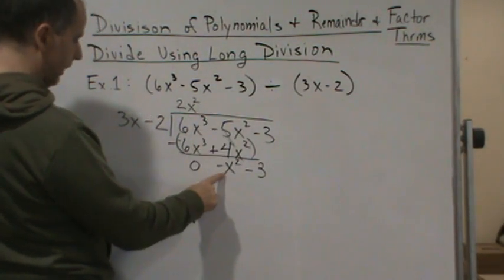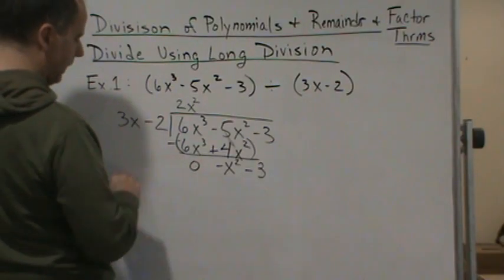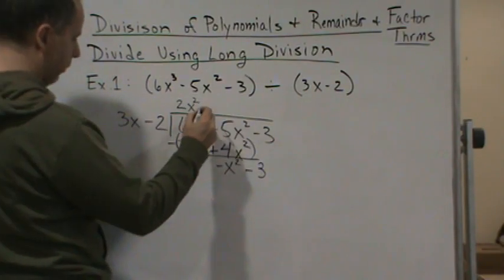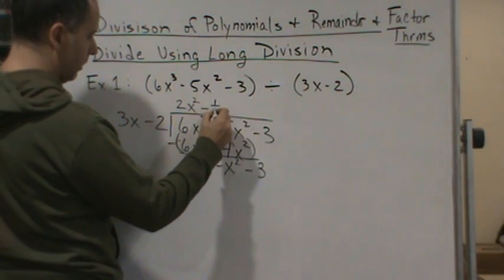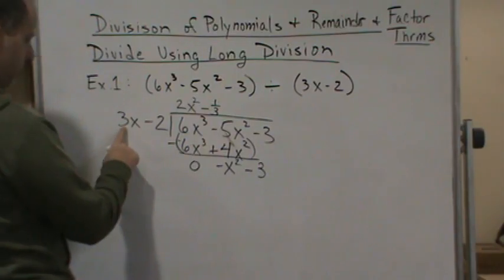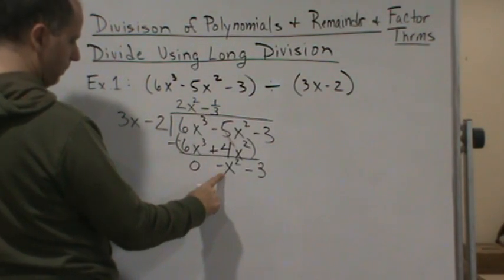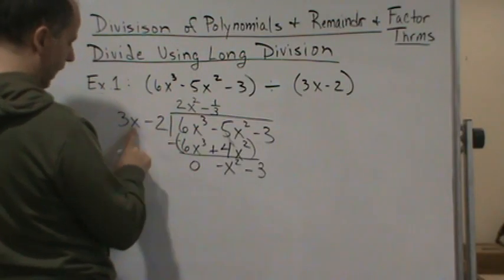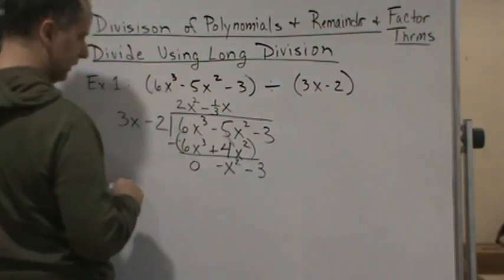So how do I get a negative x squared here? Well, I've got 3. 3 times what will give me negative 1? Well, that would be a minus 1/3, right? So 3 times negative 1/3 gives me negative 1. And then what do I need here? Well, I've got an x, so to get x squared, I need an x.